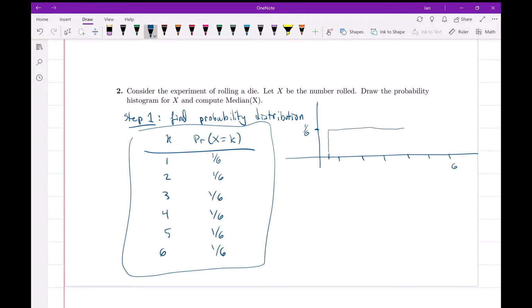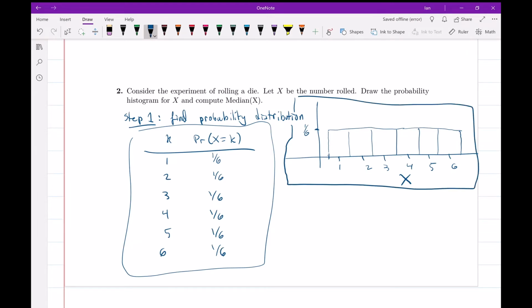So I'm just going to draw one big fat rectangle, and then we can put divisions in if we really feel like it. Okay, there's our probability histogram.